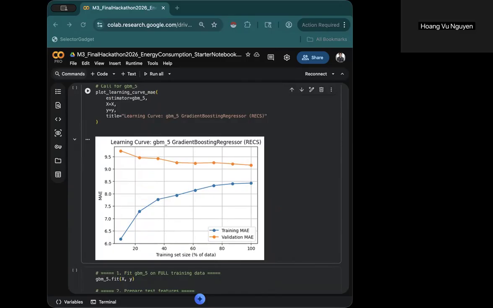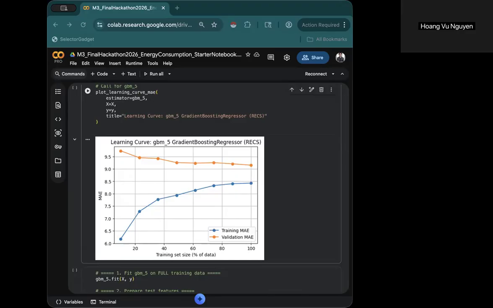In terms of improving performance, the model is also well fitted. I implemented a custom learning curve function that plotted the training MAE and the validation MAE across increasing training set size, and this allowed me to visually inspect model behavior. If the training error and validation error were both high and close together, that would indicate underfitting.